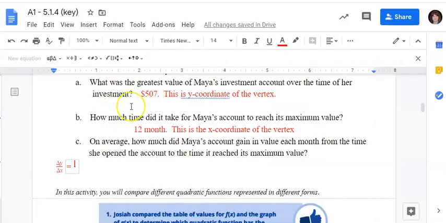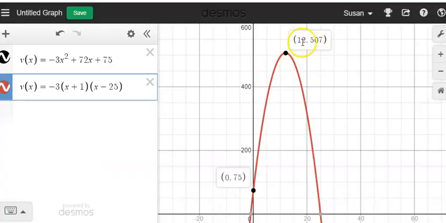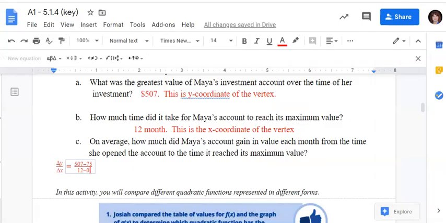Let's put that on top. And then change in x, the x coordinate was 12, and then 0. So this x coordinate at the top here was 12, and the x coordinate where you started was 0. So when you subtract those numbers, that's going to give you the change in x.